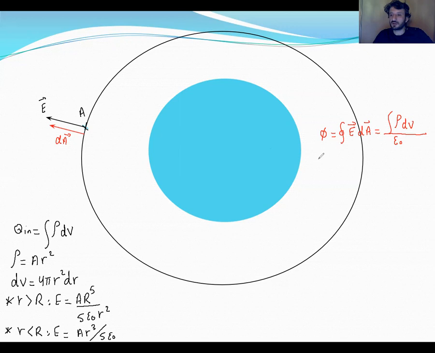E and dA are parallel, and E is constant, so we can say E dA cosine 0. Before, don't forget, you have to write the conditions. You have to say symmetric.